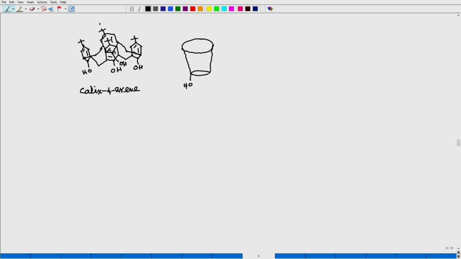OH, OH, OH, OH, and then you have tertiary butyl group.